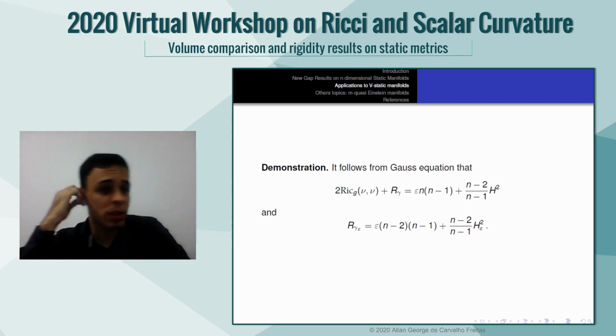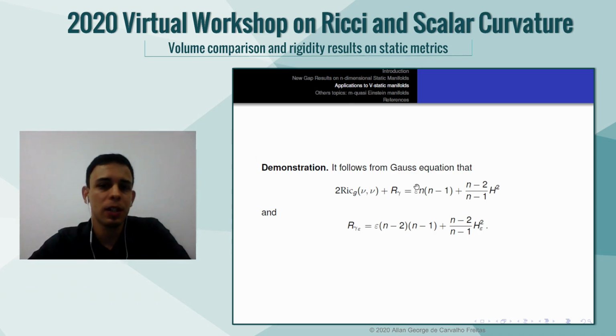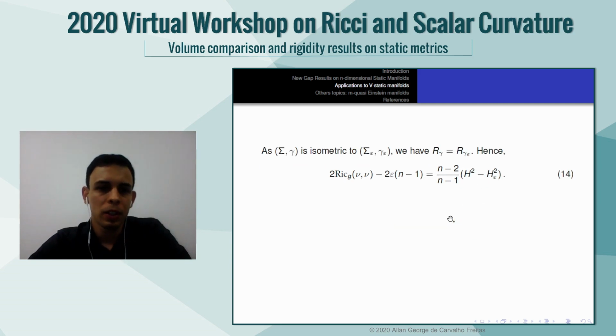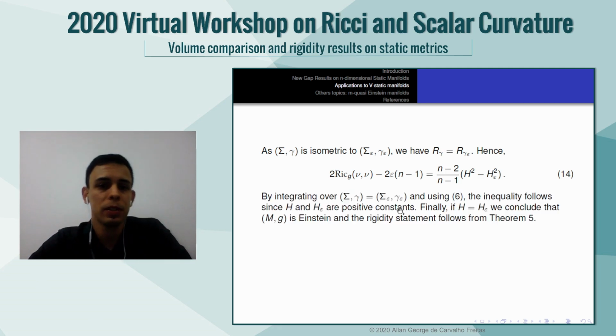And to demonstrate this, we use just the Gauss equation for the boundary and for the hypersurface that is isometric to the boundary, okay. And so we can sum these two equalities here. We have this. We can integrate this equation, okay?